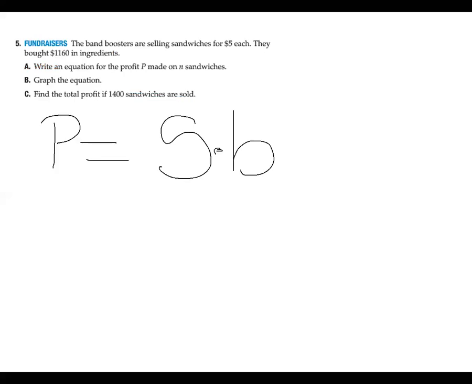Now, if they want to know the amount of profit, the 1,160 is not profit. It's actually an expense. It's money they had to already pay out. So they have to earn that money back first before they start to make a profit. However much they make selling sandwiches, they have to subtract the 1,160 off of that. So that's our equation, P = 5B - 1,160.